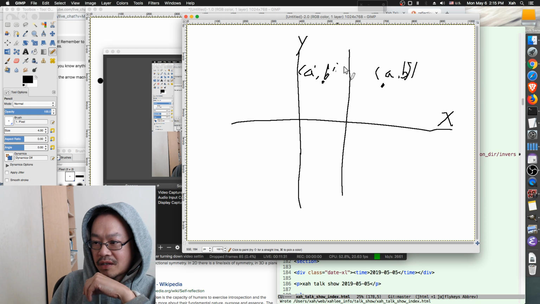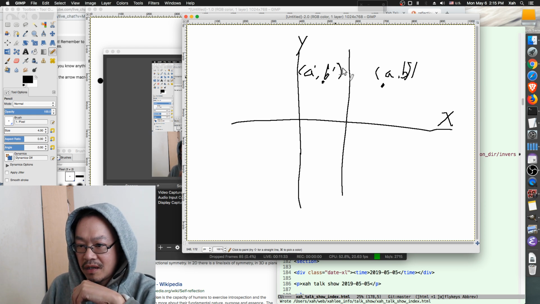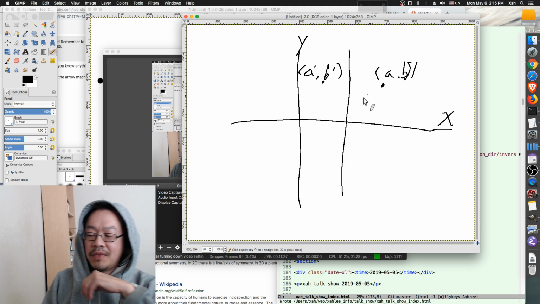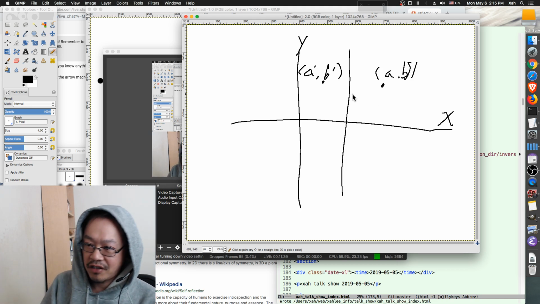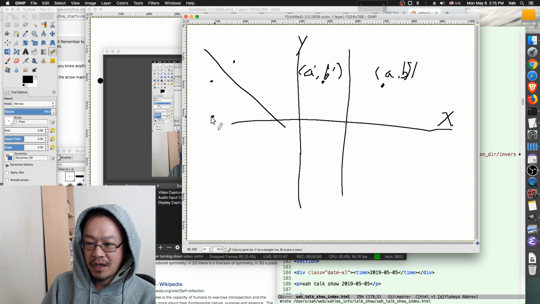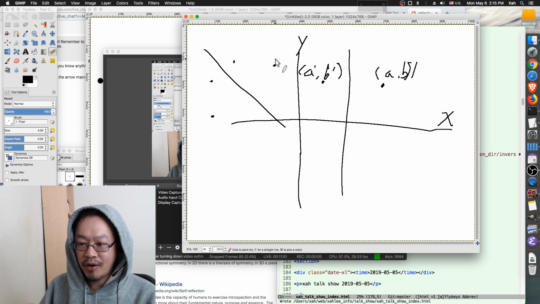So this is what reflection means. It's like a mirror reflection. The line does not need to be vertical. It can be horizontal. So this point becomes this point, point by point.